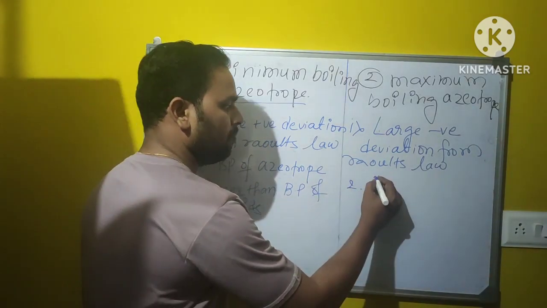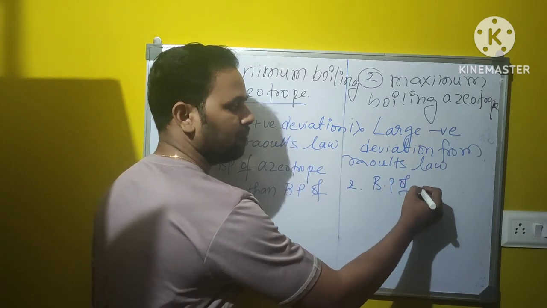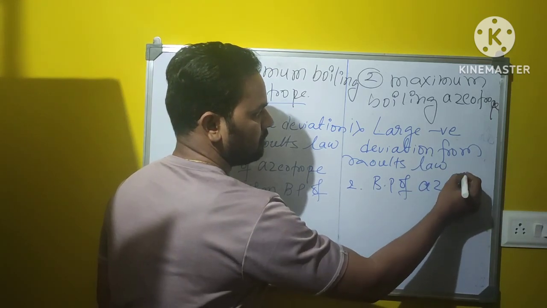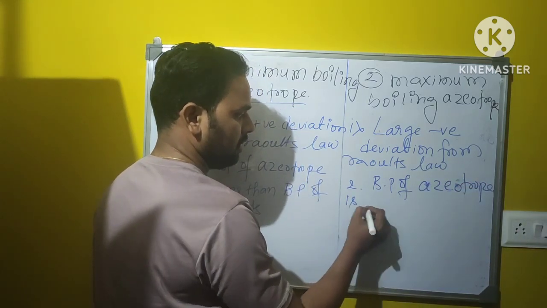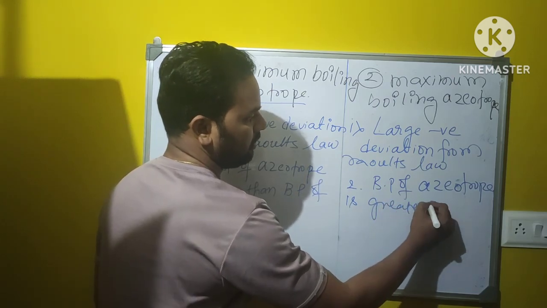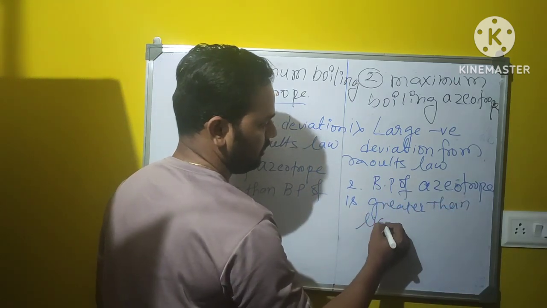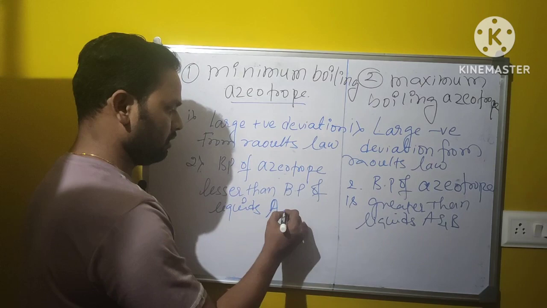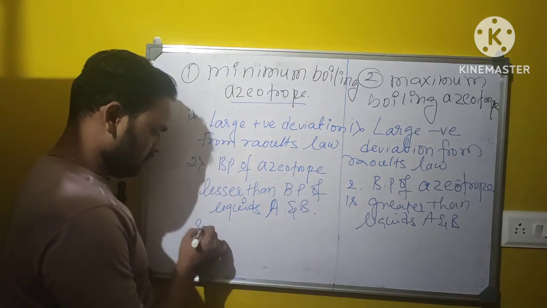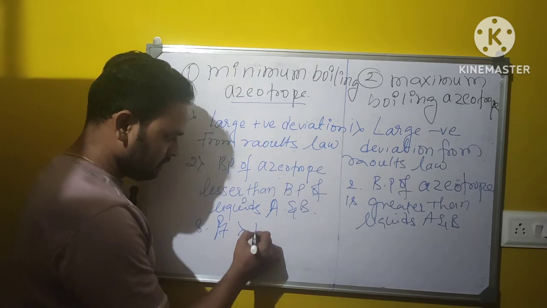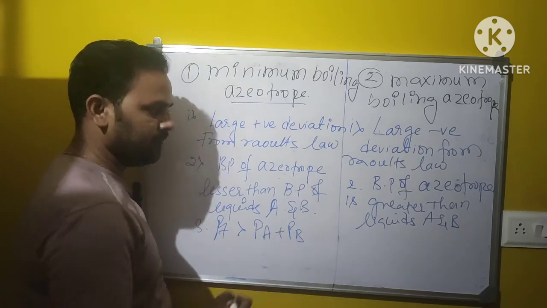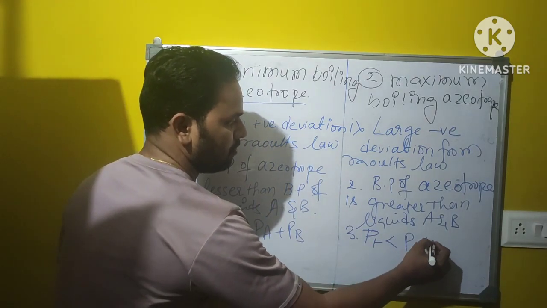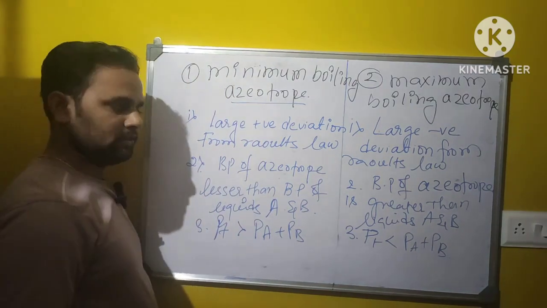Here, for maximum boiling azeotrope, the boiling point of the azeotrope is greater than the individual liquids A and B. And third point, for minimum boiling, total pressure is greater than the sum of partial pressures of individual liquids. For maximum boiling, total pressure is lesser than the sum of partial pressures of individual liquids.